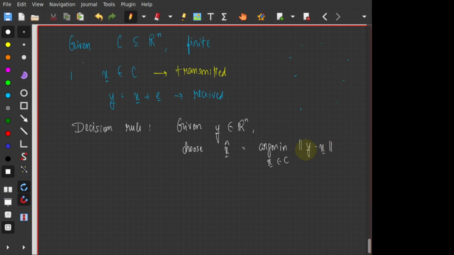So given any point in space, given the received vector could be any point in Rn, you map this to the nearest point, the nearest code word that you can find. So in particular, we are given some code book. This rule effectively partitions all of Rn into a bunch of different regions. And each of these regions is what is called a Voronoi region.